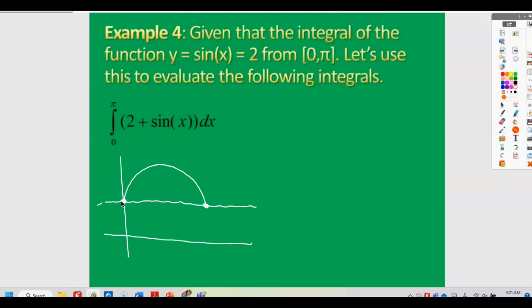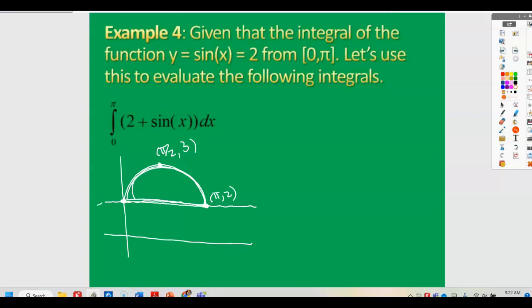So its max is now at 3 instead of 1. And this point is now at 2 instead of 0. So the area of this sine piece here has not changed. What's the area of that sine piece? It hasn't changed, right?